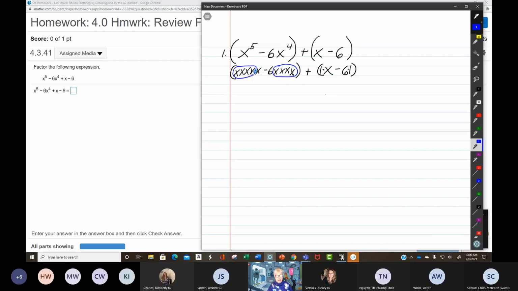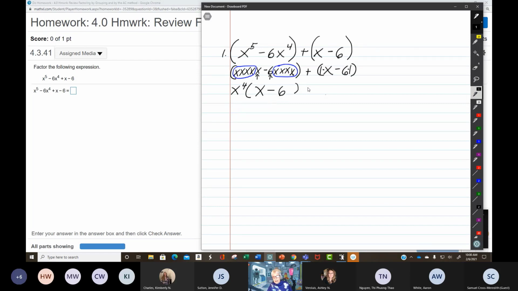So that is my GCF for the first set of parentheses. x to the 4th, parentheses, leftovers. I have an x leftover and I have a minus 6 leftover. So x minus 6.